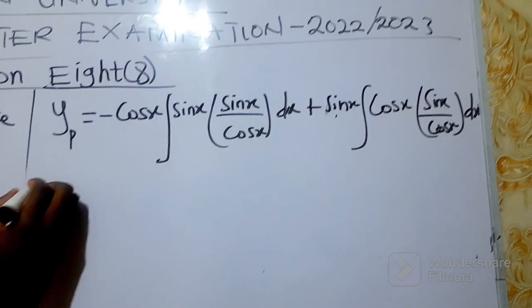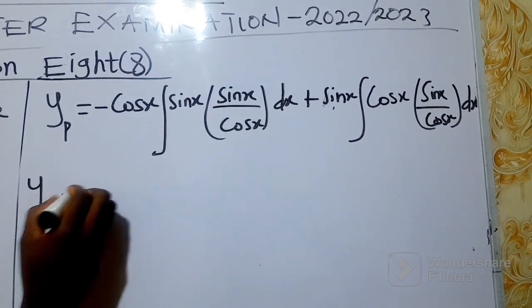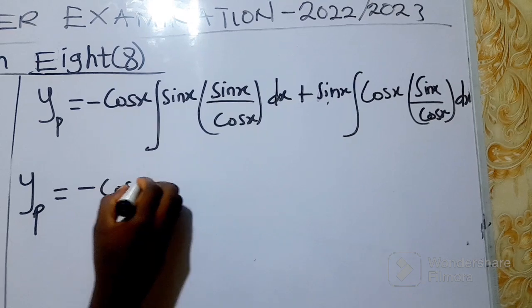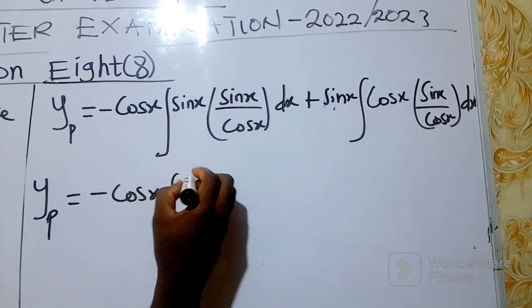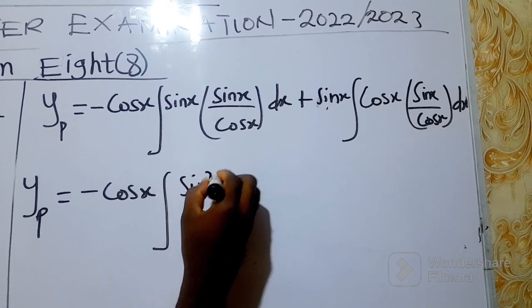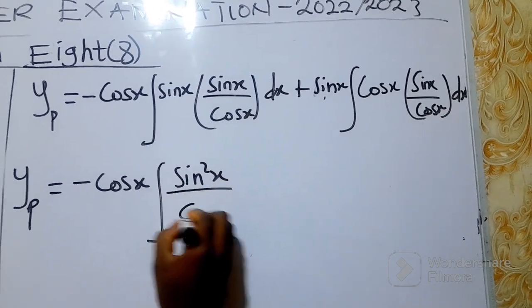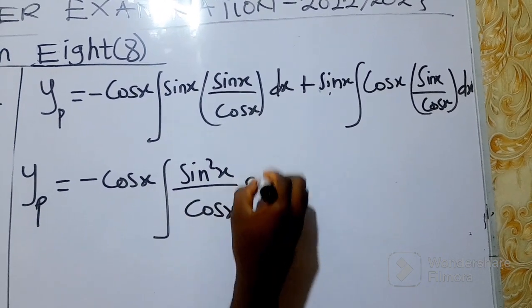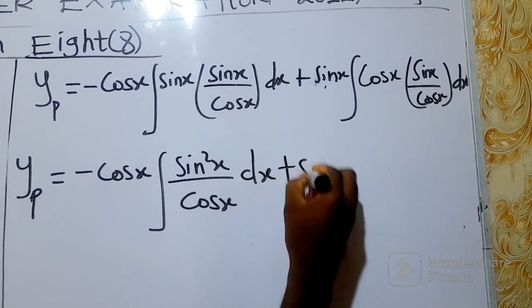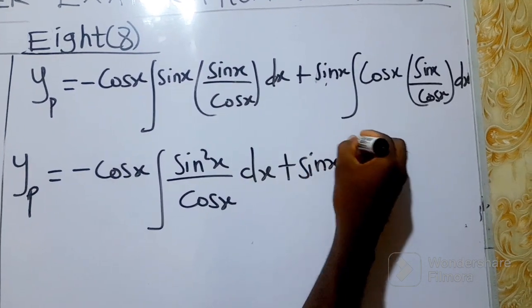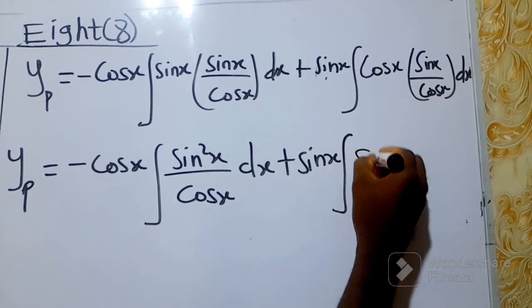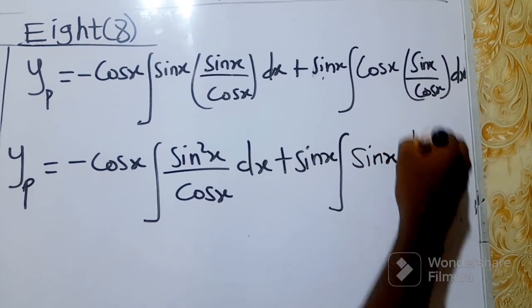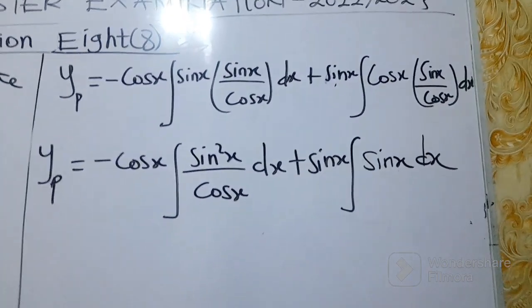So from here we can say our y of p will be equal to negative cos x, integral of sin x times sin x will be sine square x over cos x dx plus sin x integral of, so cos x will divide this cos x, will be left with just sin x there dx.